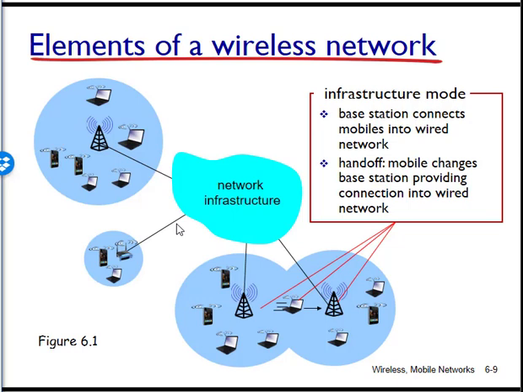In Figure 6.1, wireless links connect wireless hosts located at the edge of the network into a larger network infrastructure. Wireless links are also sometimes used within a network to connect routers, switches, and other network equipment.